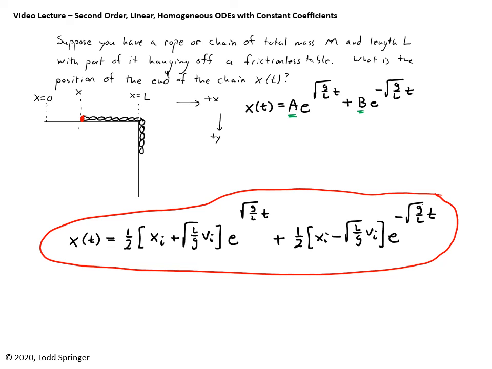So that's a surprisingly tricky problem for such a simple physical system, but it all relies on the same techniques that we use to solve second-order linear homogeneous ODEs with constant coefficients. You guess e to the rt, you get the characteristic equation, you get the two solutions, you form a linear combination of those two solutions, and then you plug the initial conditions in to finalize your answer.